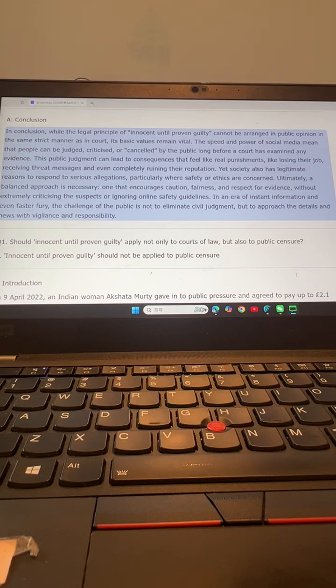So with caution, you cannot criticize the suspects that much, but then you cannot ignore the online safety guidelines, so just right in the middle, and don't overdo the hate. Well, I can see that you actually try to highlight balance.